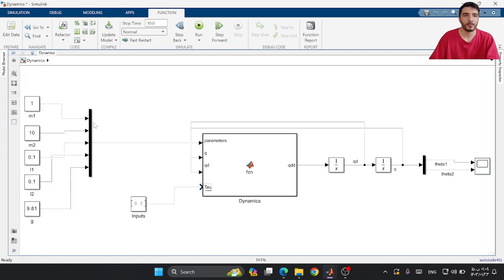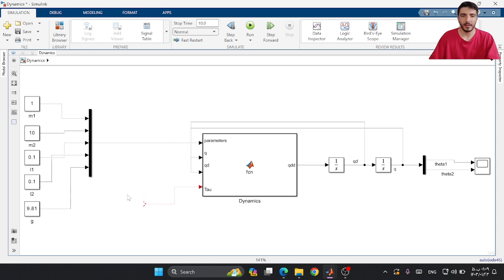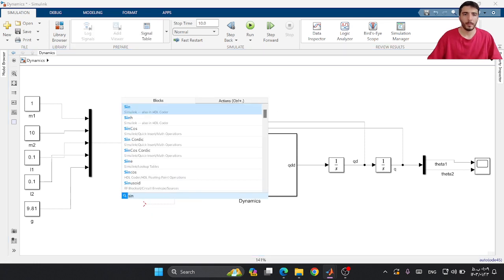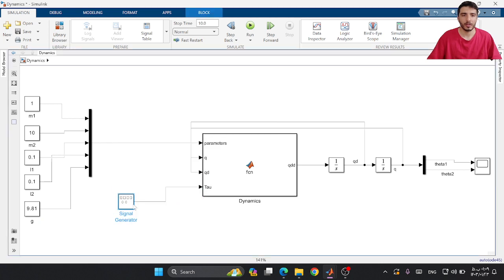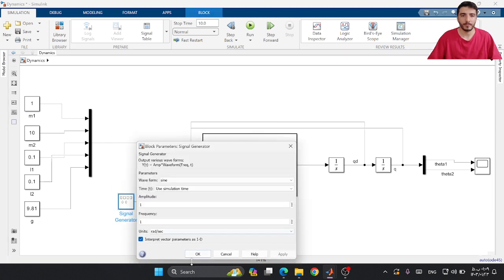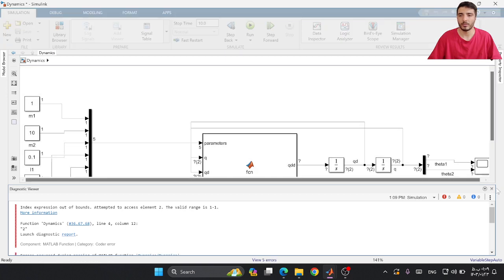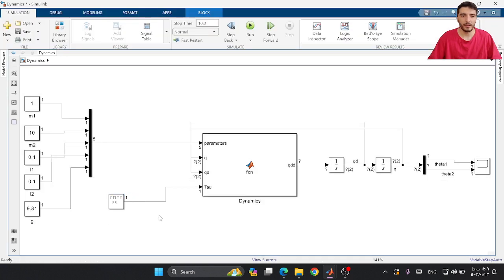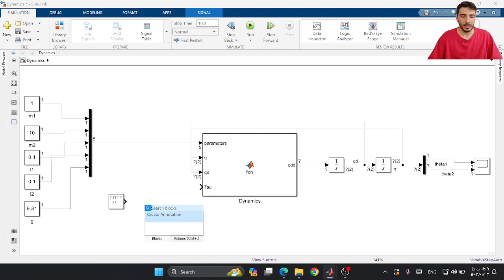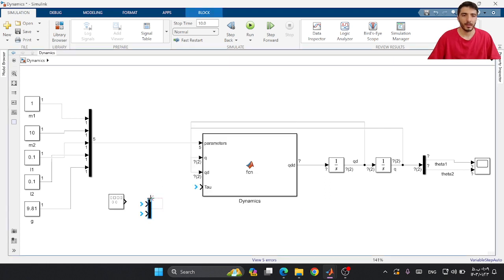Okay, let's add a sine wave here, a signal generator, and both of them as a signal generator here. No, you cannot do this. You have to add a mux and change the inputs as shown here.